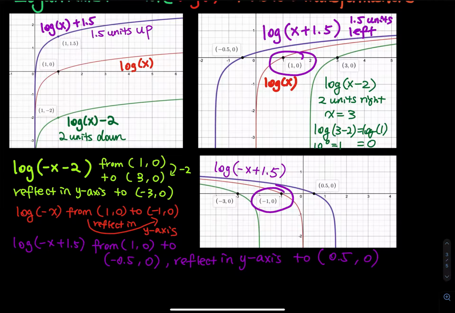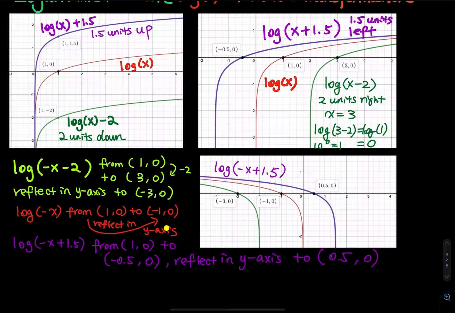So the entire point just jumps. It was right here, and then it just jumped like that, a reflection in the y-axis. It was at 1, 0. Now it is at negative 1, 0. This is a reflection in the y-axis.